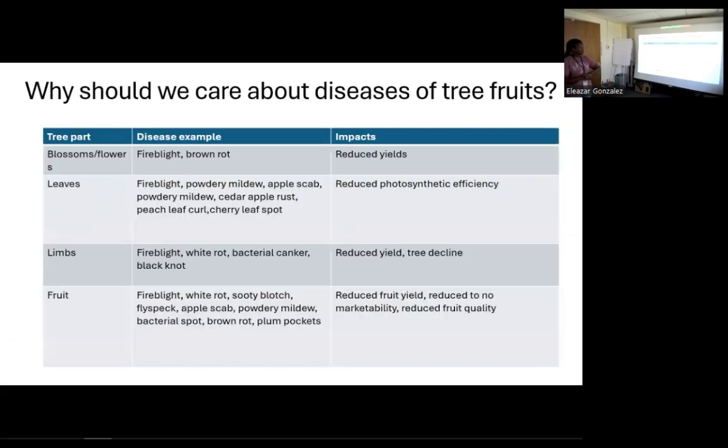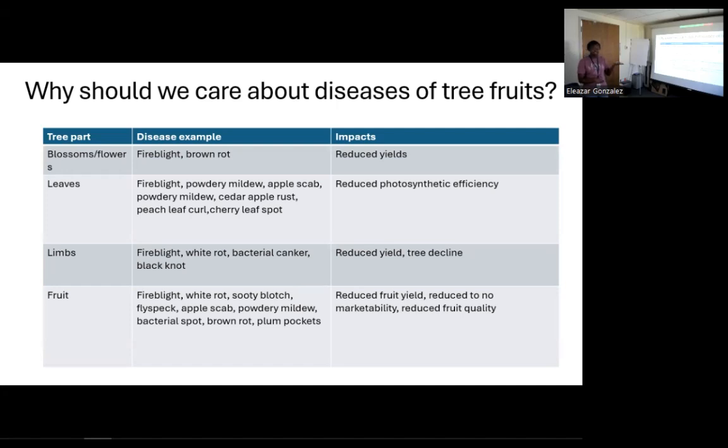Next slide, please. And so we're interested in diseases, which is what I will be talking about today, because diseases cause losses with regards to the yield, reduced yields, and they will also result in tree decline over time. They will also reduce the marketability of your fruits as well as the quality if it is a post-harvest disease. And I have here several examples of diseases that can infect tree fruits.